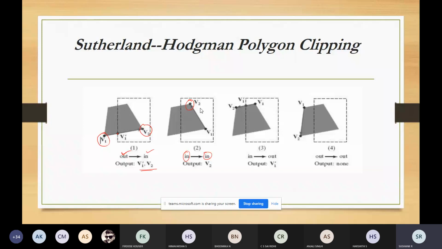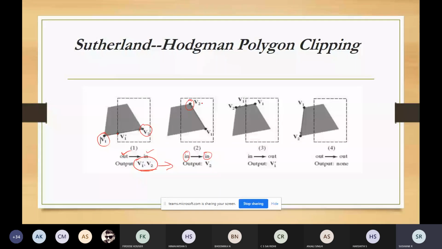In the first scenario, both these points will be sent to the next clipper for processing. Here, when both the inputs are inside, only vertex v2 will be sent to the next clipper for processing.